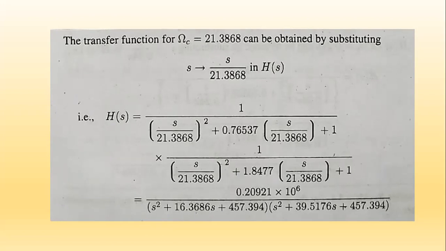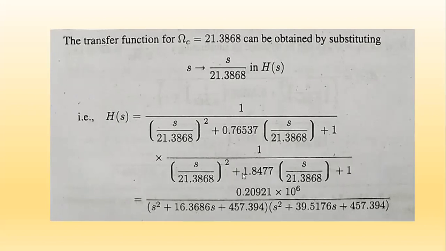Then, suppose the problem statement mentions that you need to find the equation by using the bilinear transformation, approximation of derivative, or the impulse invariance method. According to the formula of s, you can find out the value of H of z.